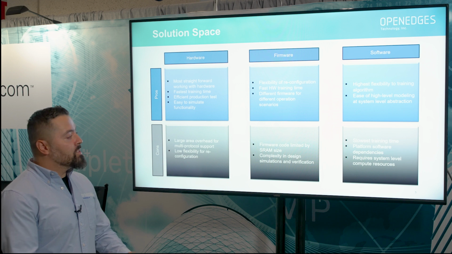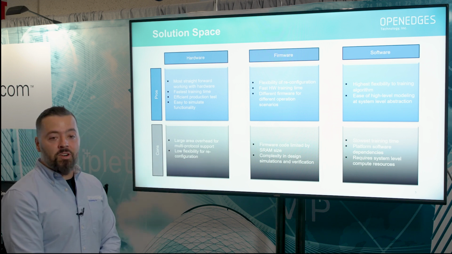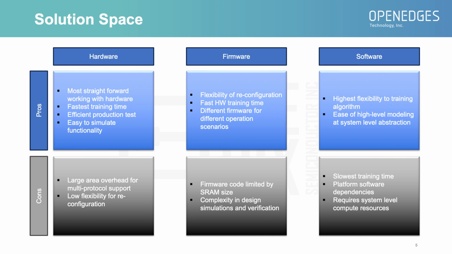So OPENEDGES focuses on the middle solution, which is the firmware. This means we have the minimum amount of hardware and we embed the software inside via our proprietary microcontroller. We think this is the best of both worlds because it provides the minimal area but maximizes the flexibility.